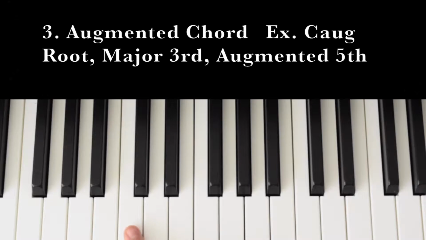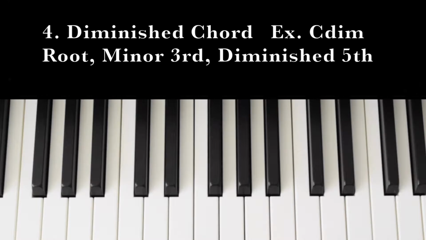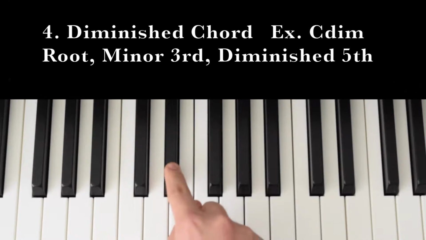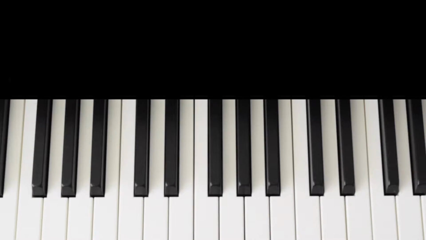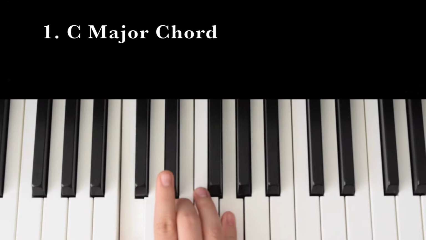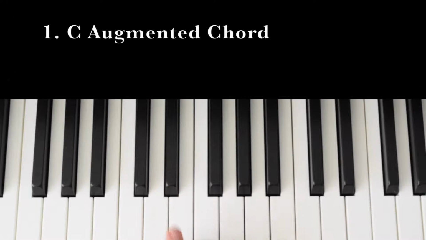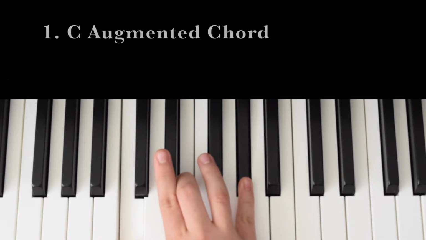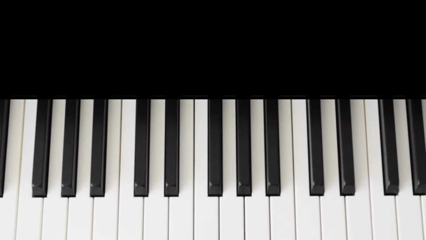Augmented chords are the root, major third, augmented fifth, and diminished chords, which is the root, minor third, and diminished fifth. So let's recap. Major C chord, C minor chord, augmented C chord, and diminished C chord. So there are many other types of chords out there. However, we're just going to focus on these main four.